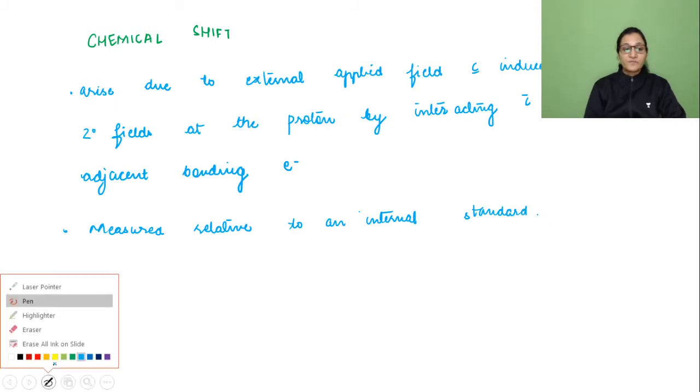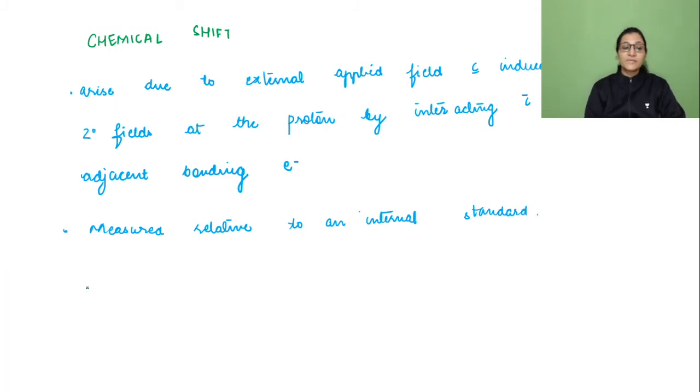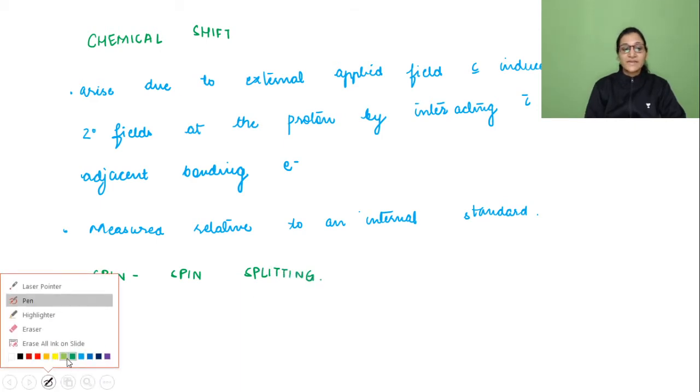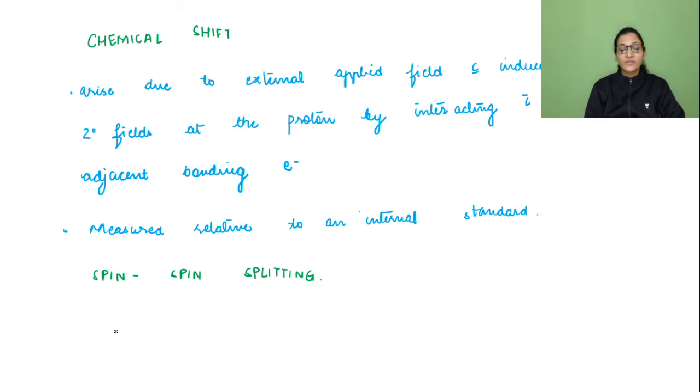After chemical shift, we need to know what spin-spin splitting is. Spin-spin splitting is seen in high resolution spectroscopy.